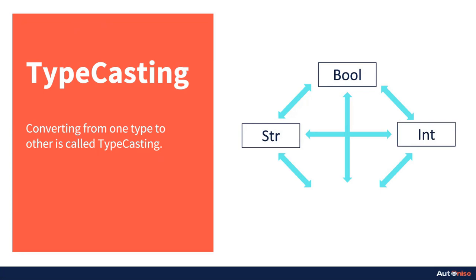Similarly, you can convert the information inside the string type of box into an int type of box, or an integer type of box. Similarly for bool. And altogether, you can convert information in any kind of variable into another form. This is not restricted to any one particular form. That's why Python is called dynamic.